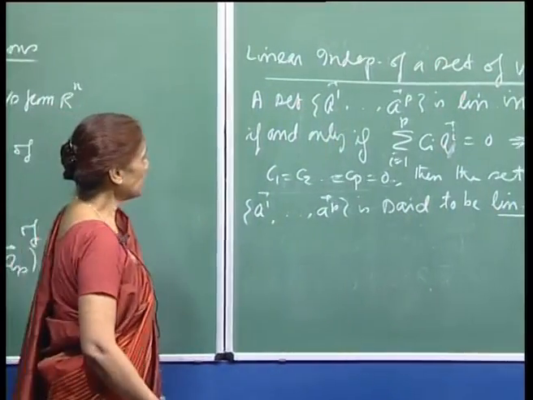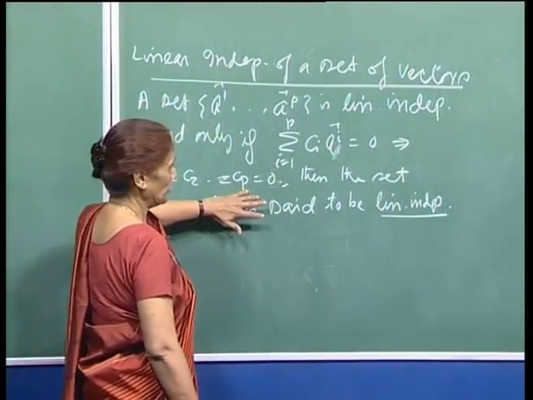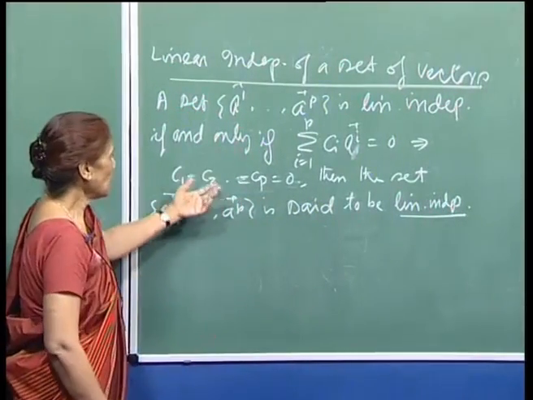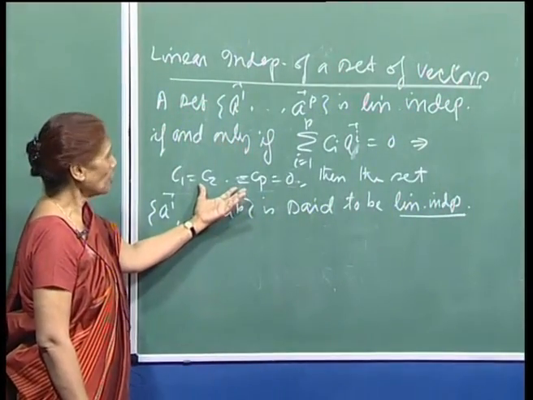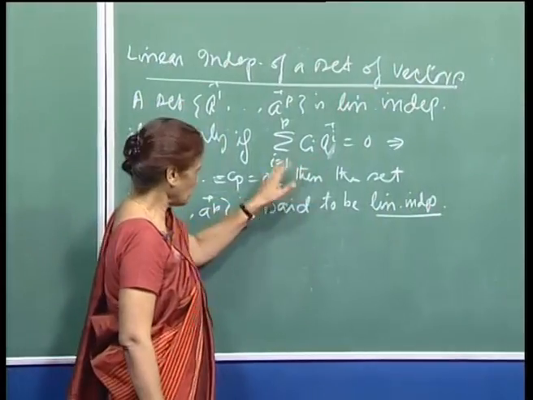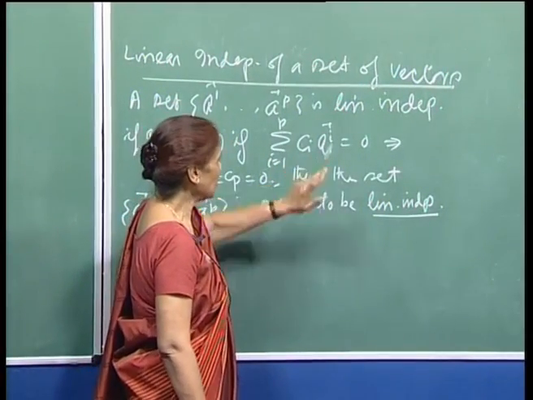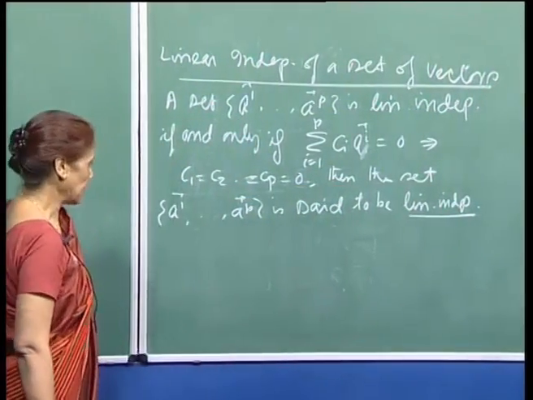But if I can find certain scalars not all 0, the converse would be immediate: if I can find some scalars not all 0 such that the corresponding linear combination is 0, then the vectors will be linearly dependent.